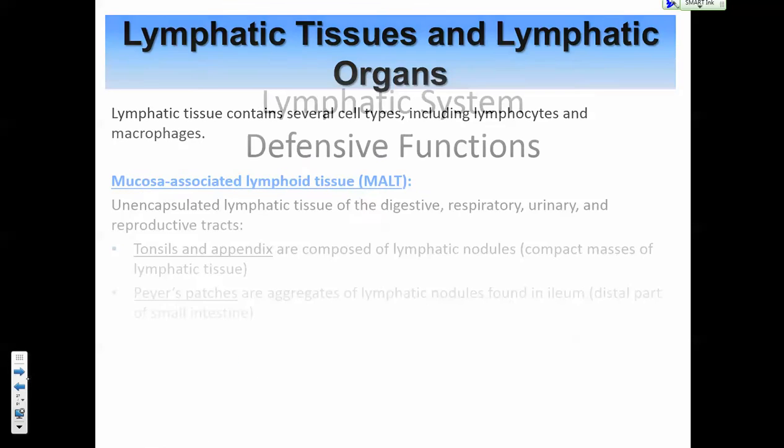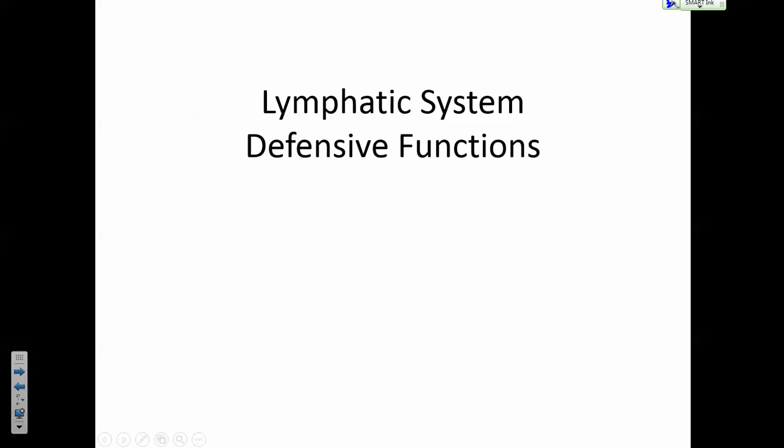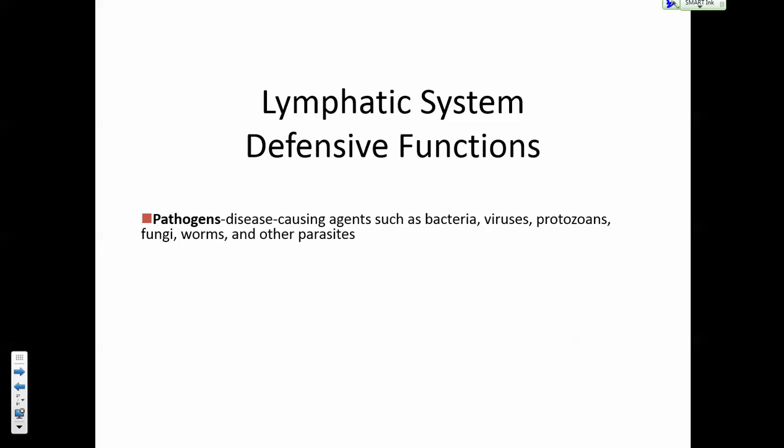Now the rest of this chapter is devoted to the defense functions of the lymphatic system, and we have to have defensive functions as an organism because our outer world has pathogens in it. A pathogen is simply any disease-causing agent.